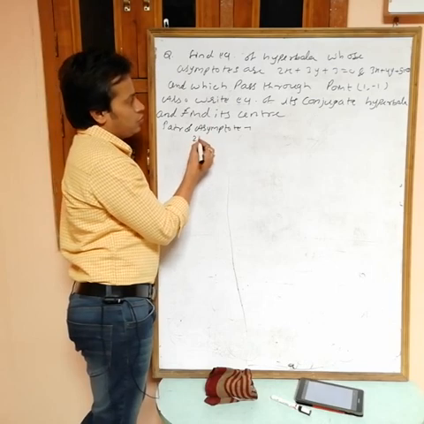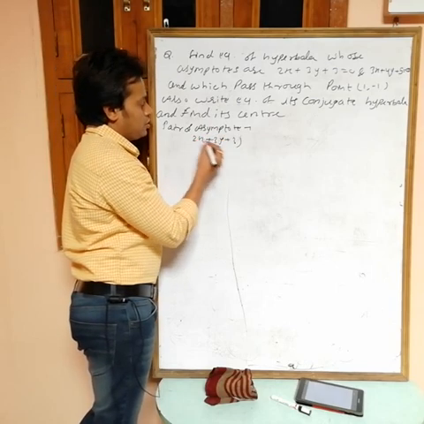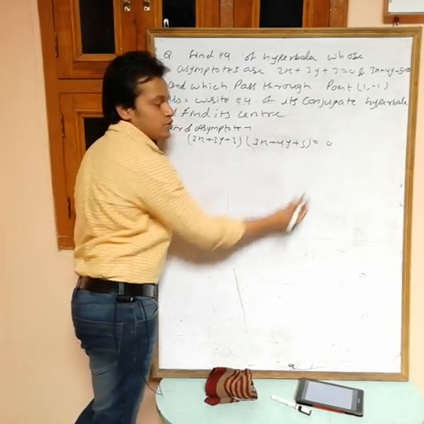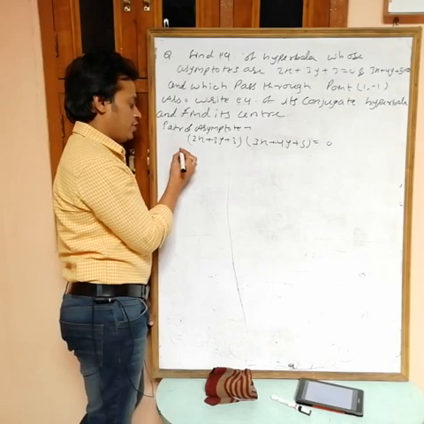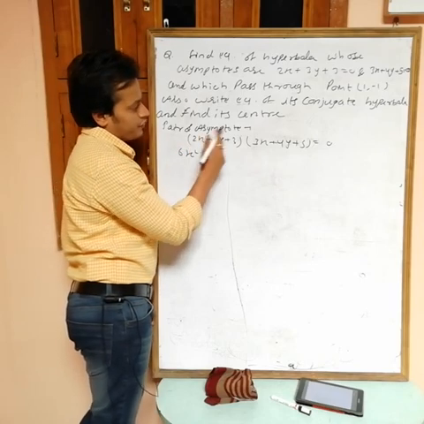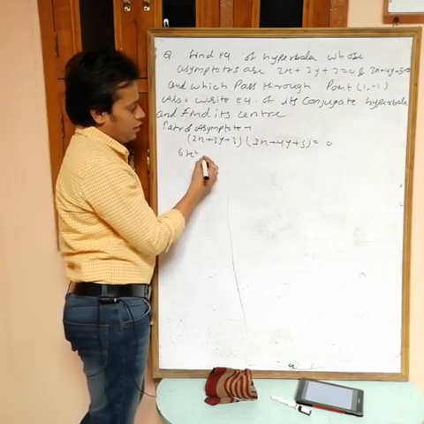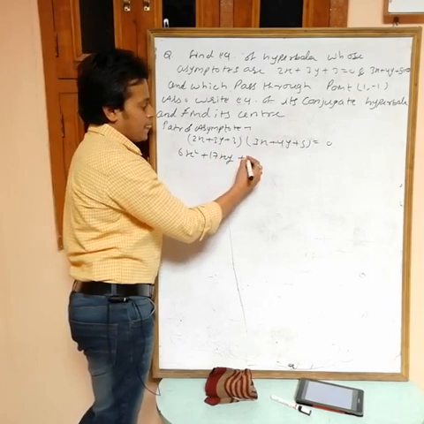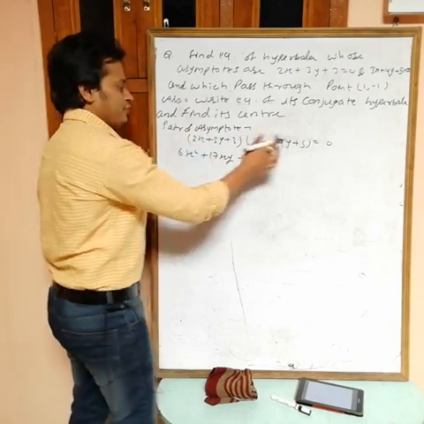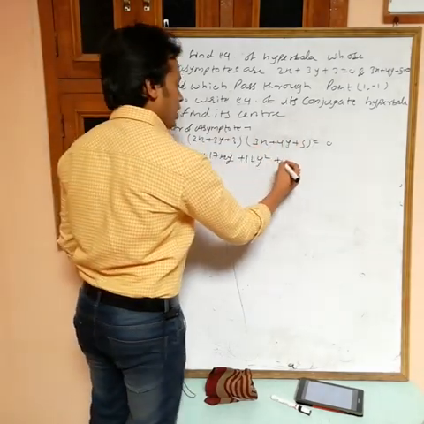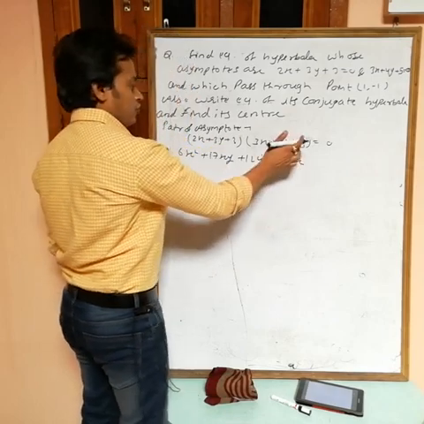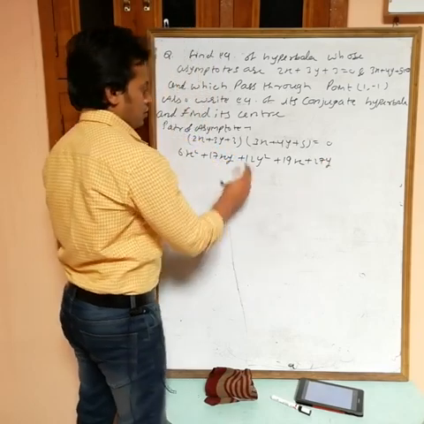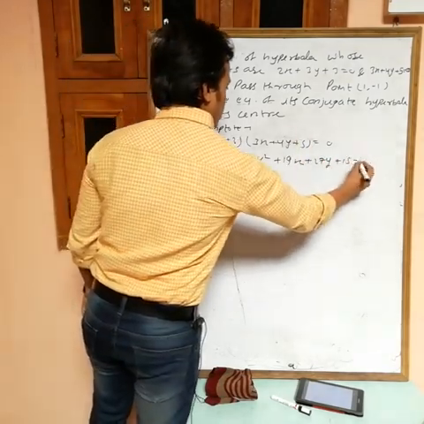(2x plus 3y plus 3)(3x plus 4y plus 5) equals 0. If you multiply them, what you will get? 6x square, 17xy, 12y square, 19x, 27y, 15 equals 0.